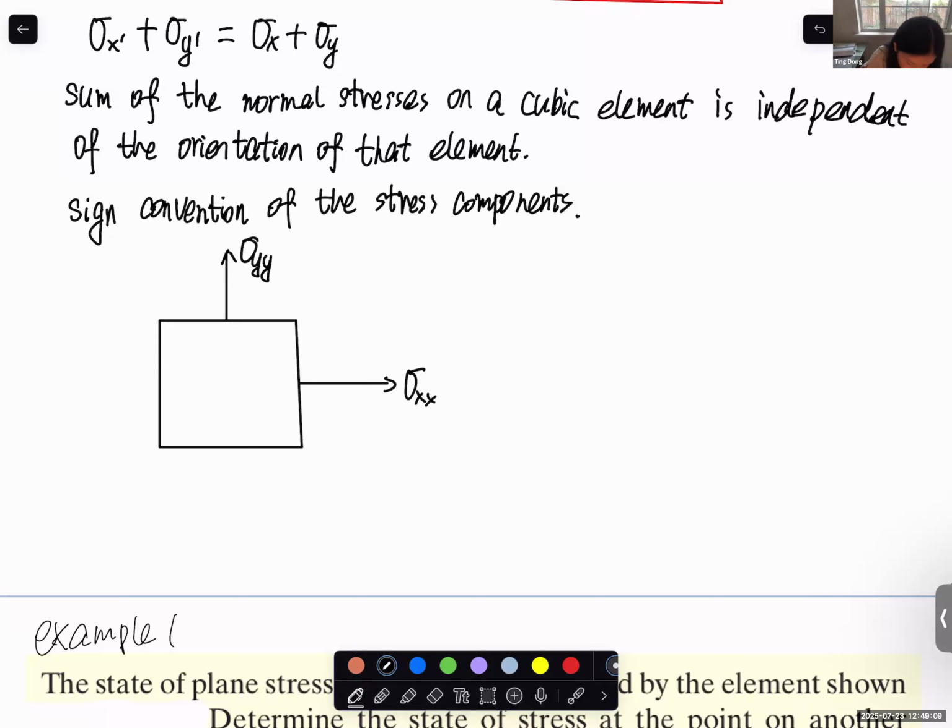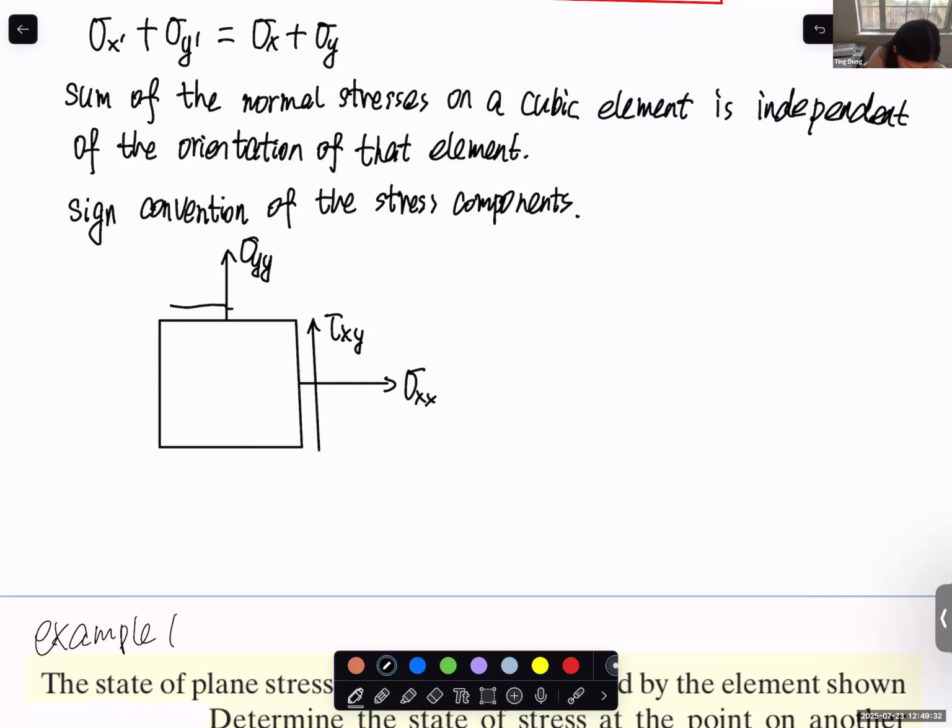In some textbooks you will see sigma xx, sigma yy, sigma zz, and some textbooks use sigma x, sigma y, because normal stress is always on that plane in that direction. But here, since I want to explain the sign convention, I think it's necessary to put it back as sigma xx, sigma yy. And let's put this one as tau xy.